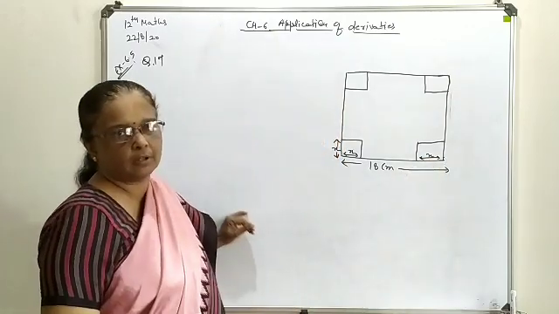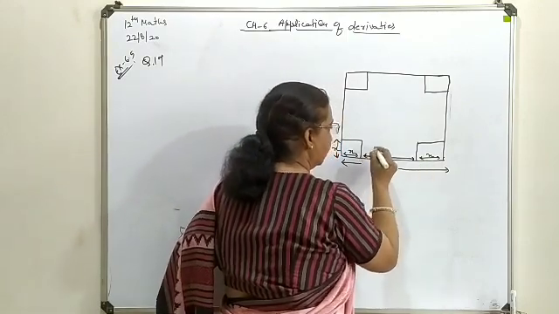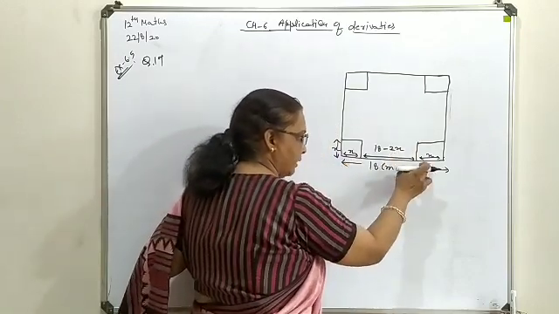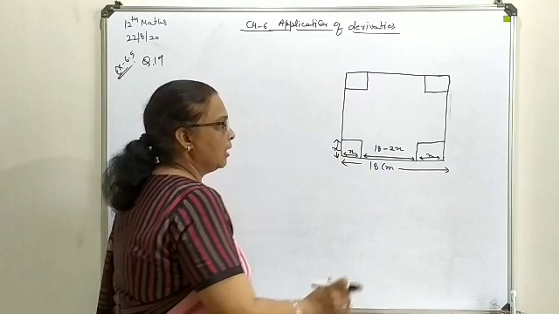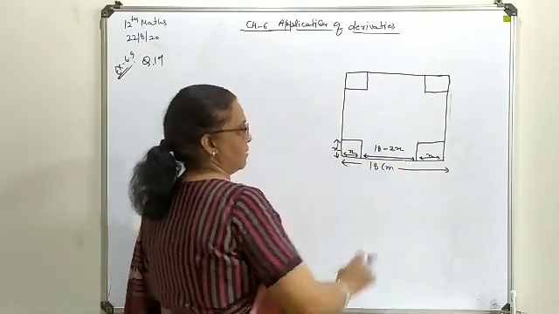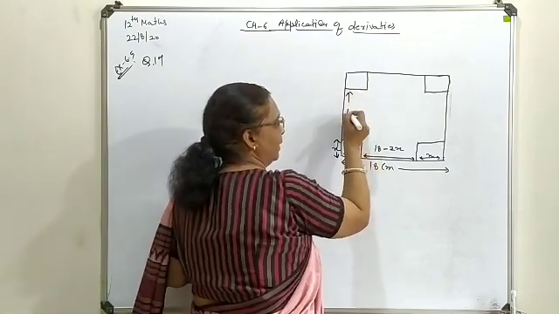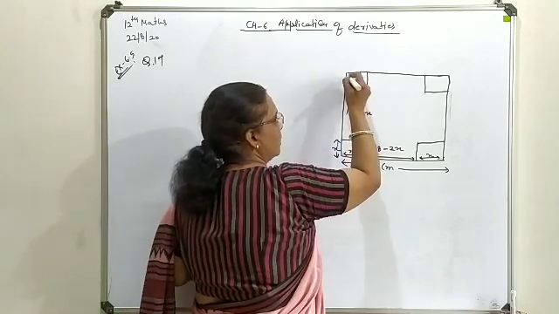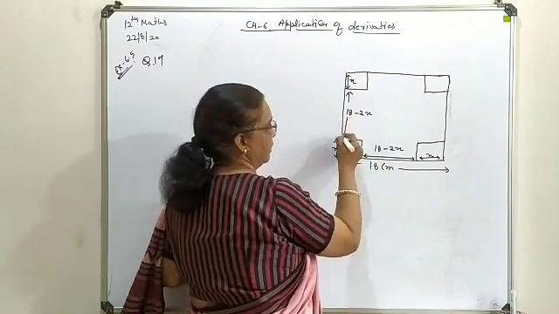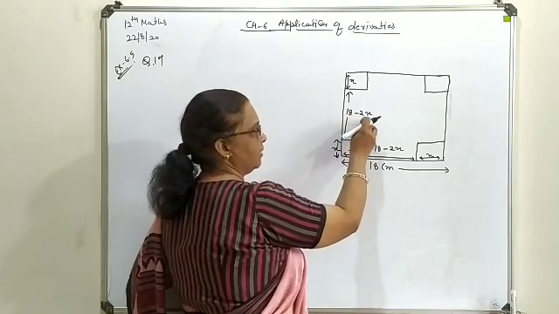So the length of the box we are going to form will be 18 minus 2x, since x and x should be subtracted from this 18. Same for the breadth: from here to here it is x, and again from here to here it is x, so the width of the box will be 18 minus 2x.